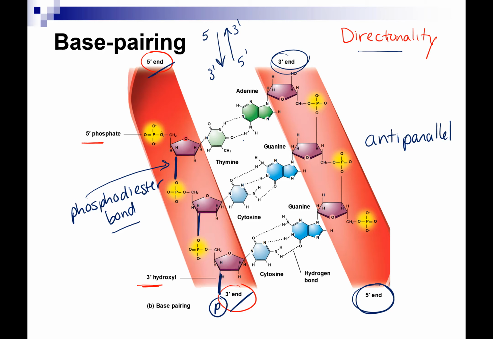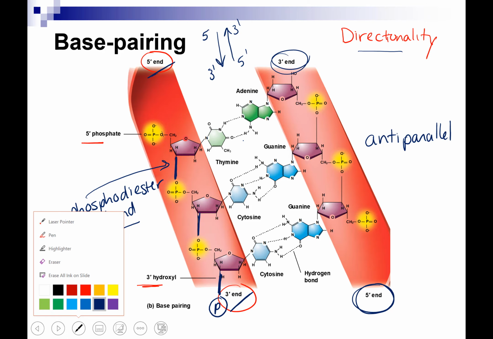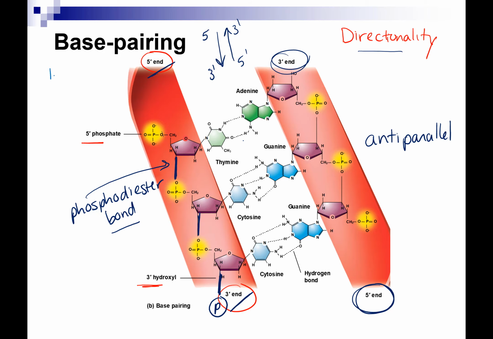The other thing I want you to see is the base pairing. Okay, so you've got to remember the base pairing rules, that A base pairs with T and G base pairs with C. And I want you to notice that between A and T I drew 2 dots, and between G and C I drew 3 dots.